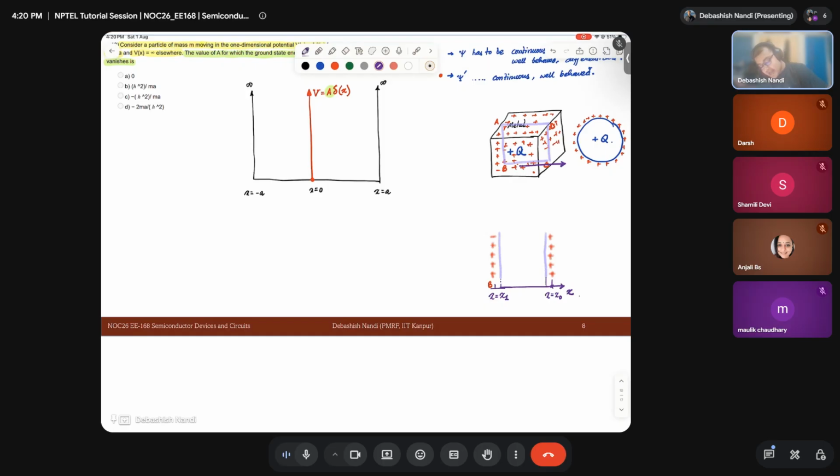So how will you note the charge densities here? You will note it as delta function of x minus x0 with some constant, and also here you will note it as a delta function with some constant. We call this sheet charges. This kind of sheet charge can be represented by delta functions, right?